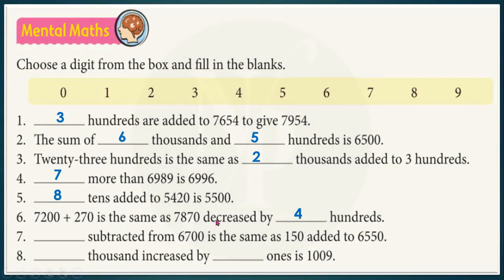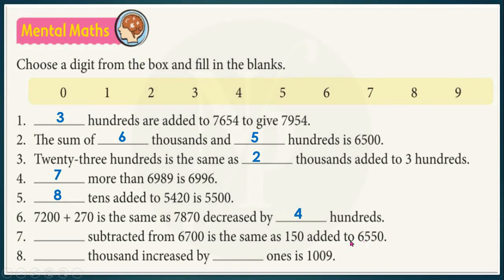Coming to question number 7. Dash subtracted from 6700 is the same as 150 added to 6550. So what you get if you add 150 to 6550? So you will get 6800, isn't it?